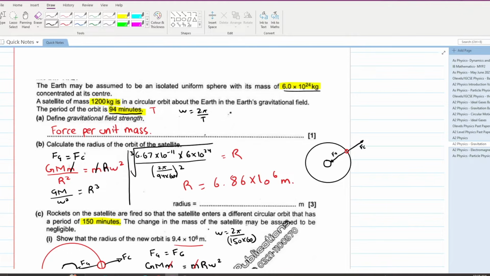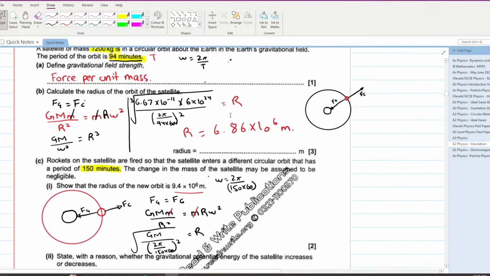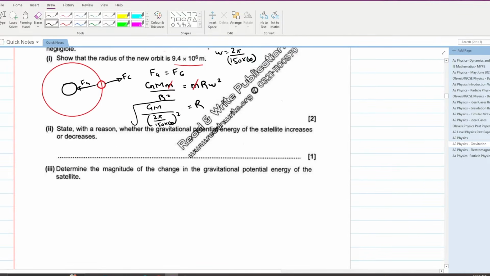Then in the brackets here I will have 2 pi divided by, what is the time period this time? 150 minutes. 150 into 60 ka whole square. Take an under cube of this one. This comes out to be 9.36 into 10 raised to the power 6. The new radius basically comes out to be 9.36 into 10 raised to the power of 6 meters.